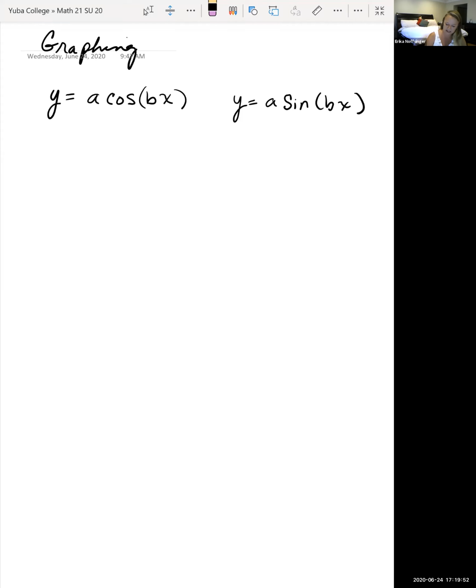So when we have this, our amplitude was equal to the absolute value of a. And then our period, so we just started talking about this yesterday, how to find that if this was not just x in here.